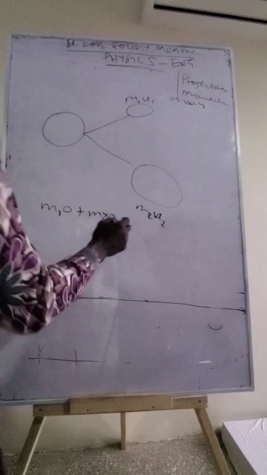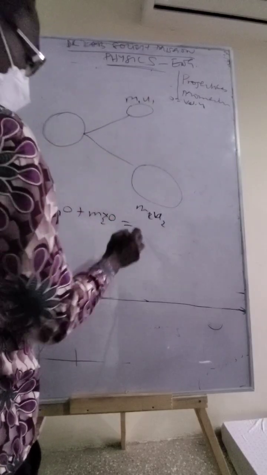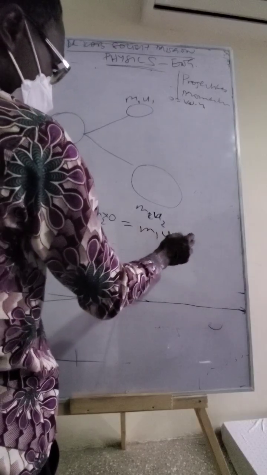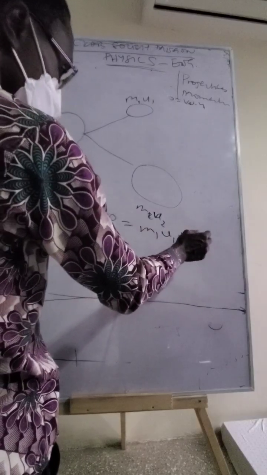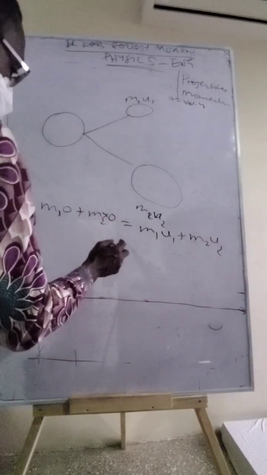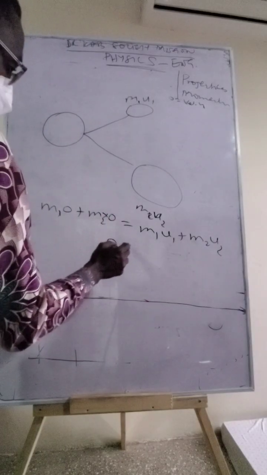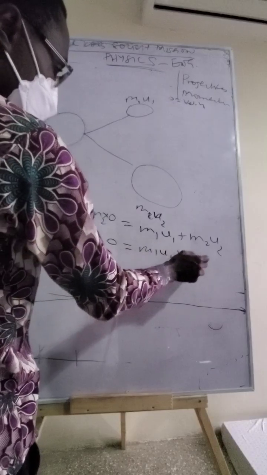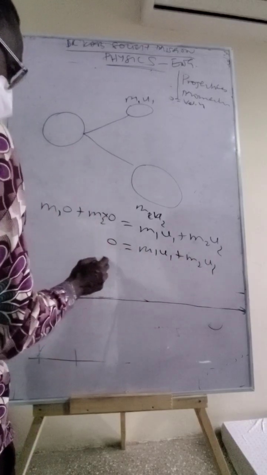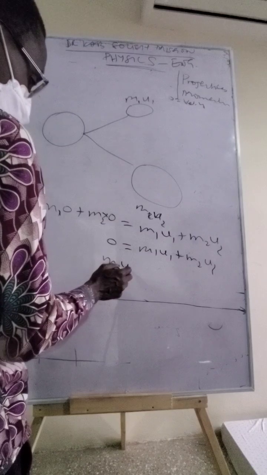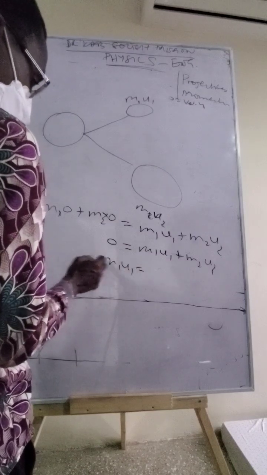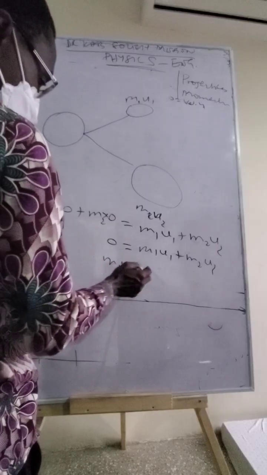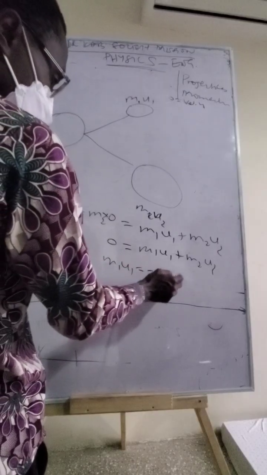Then after the blast, they are now going to have velocity. So M1 U1 plus M2 U2. So in other words, this is going to be 0 is equal to M1 U1 plus M2 U2, which will mean M1 U1 is equal to, if you bring this one across the equal sign, or you can bring this one, any of them, is equal to what? Negative M2 U2.